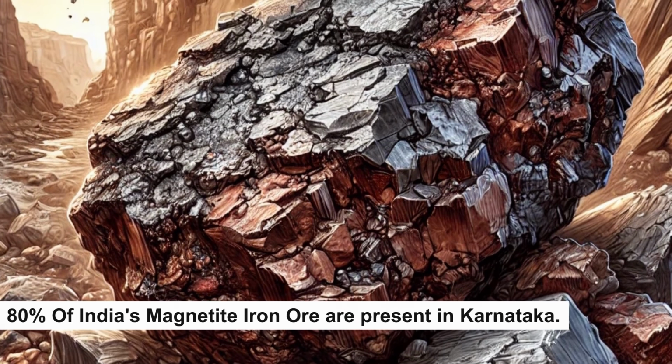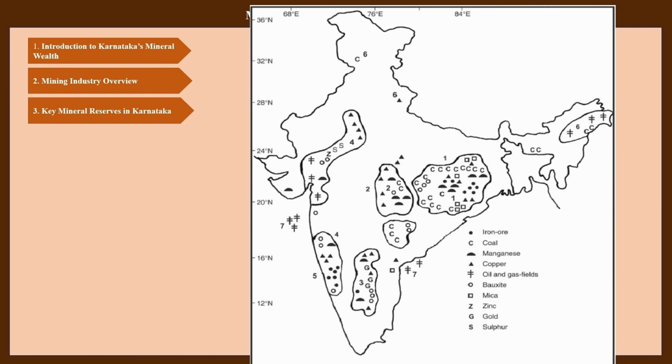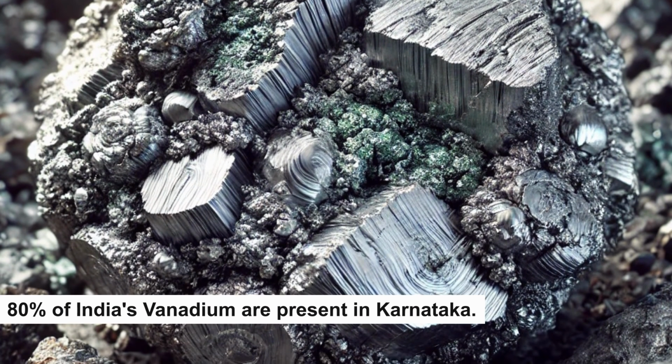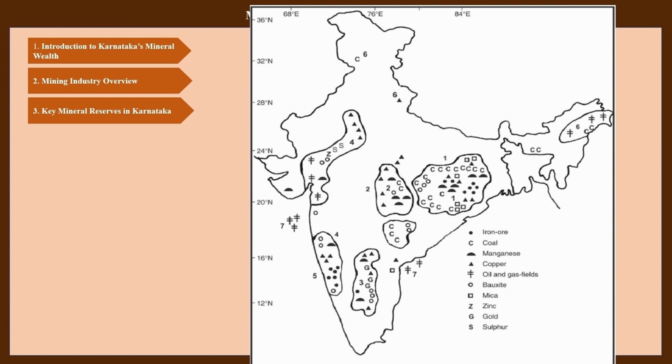Around 80% of India's vanadium reserves are present in Karnataka. Around 40% of India's tungsten reserves are present in Karnataka. And other significant minerals include asbestos, limestone, granite, manganese, dunite, and kyanite, which we'll study in the following slides.